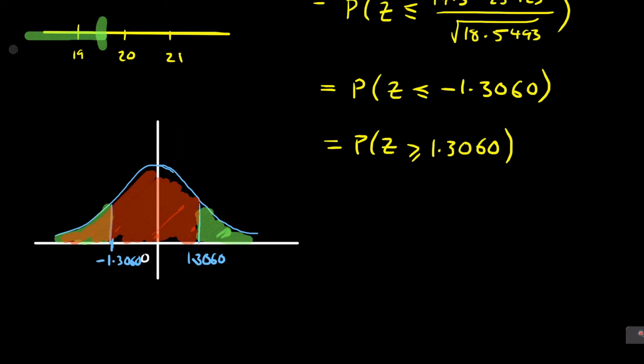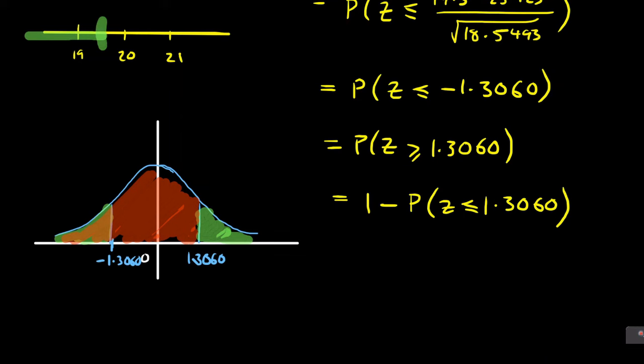And that's going to be the same thing as 1 minus the probability that Z is less than 1.3060. Because this area here, the area in red, plus this area here, the area in green, must sum up to give 1, because the area underneath the whole distribution must be 1. So we can calculate this from our table of data.